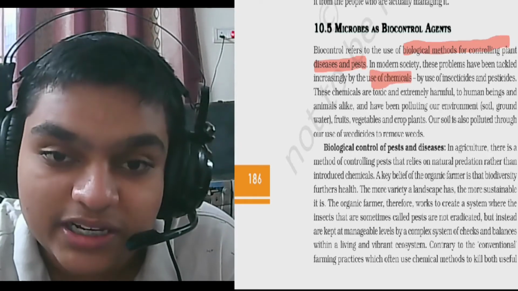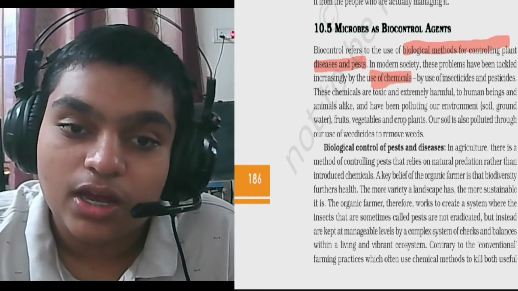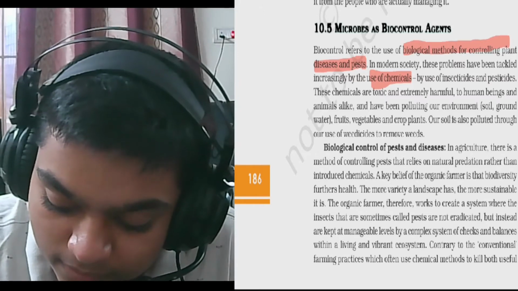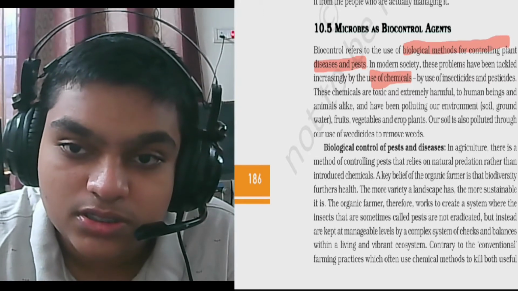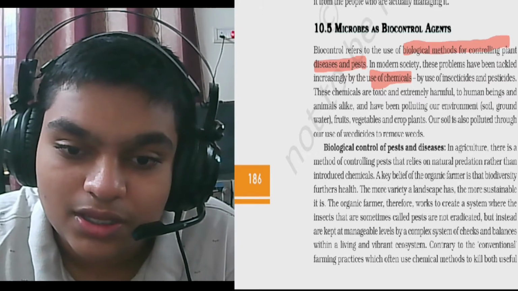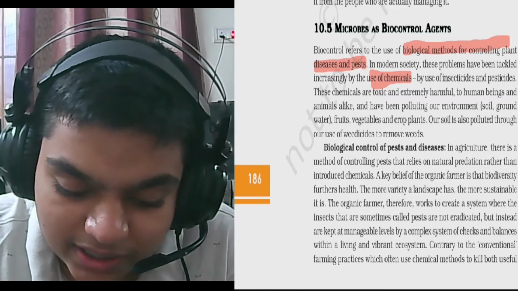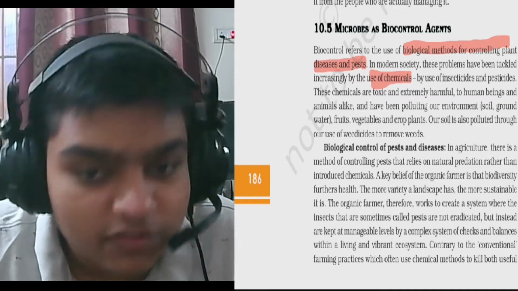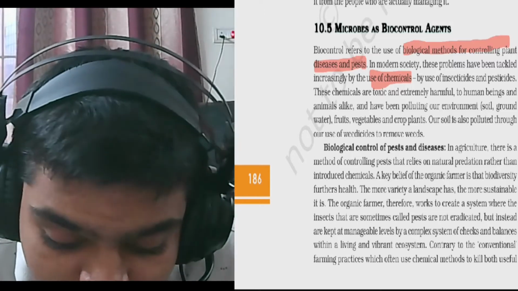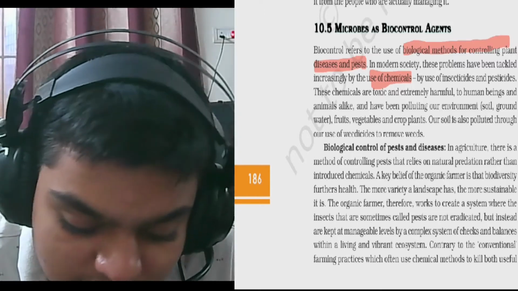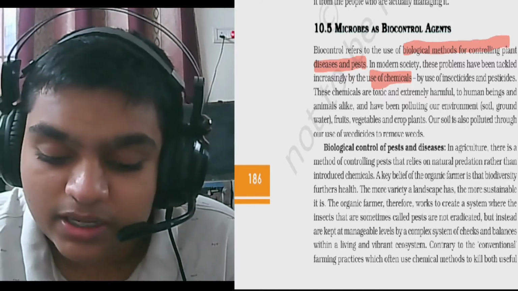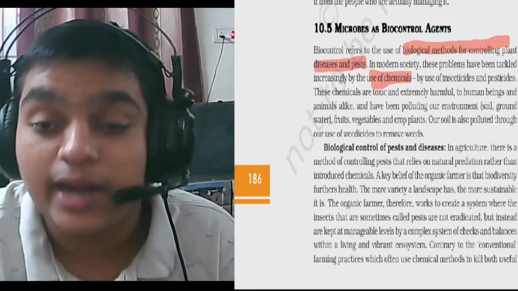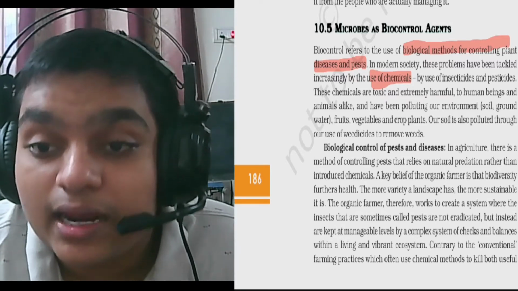This farming, done with the help of chemicals, is called inorganic agriculture, or chemical farming, by the use of insecticides and pesticides. These chemicals are toxic, extremely harmful to human beings and animals alike.